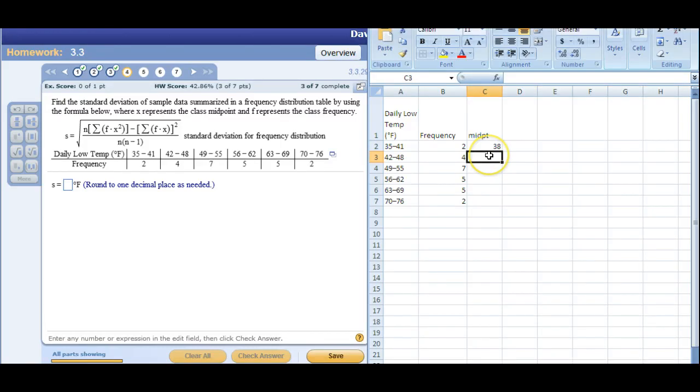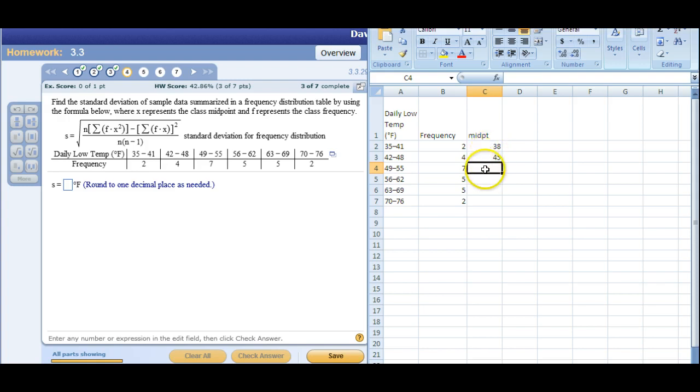Okay. And then you can either just do it all the way down, you do need the parentheses when you do that, but you can also make use of the fact that we're just adding 7 every time.